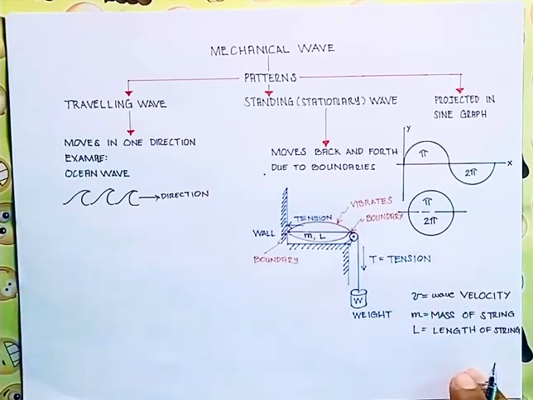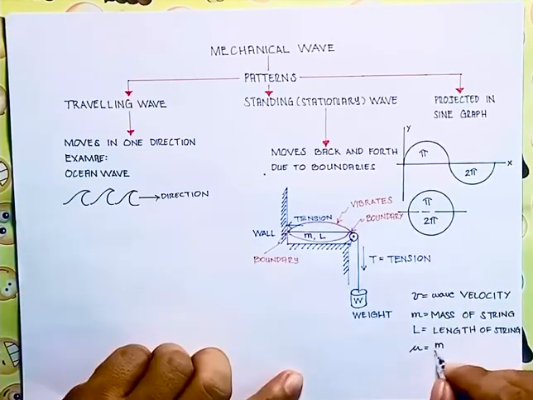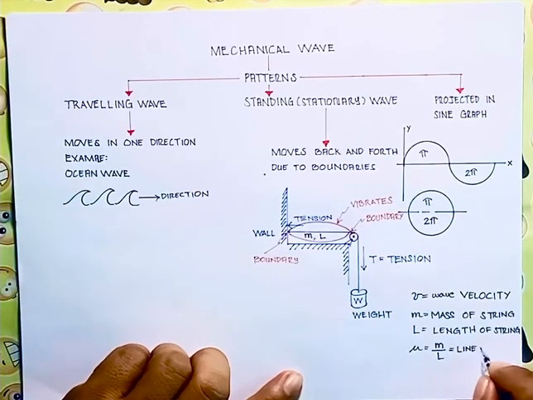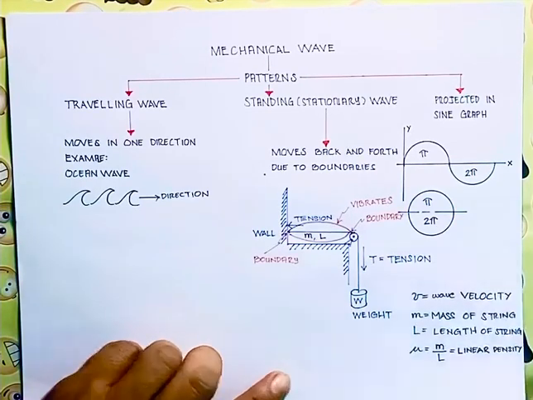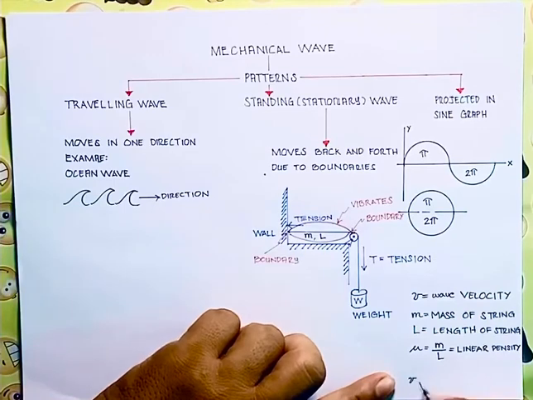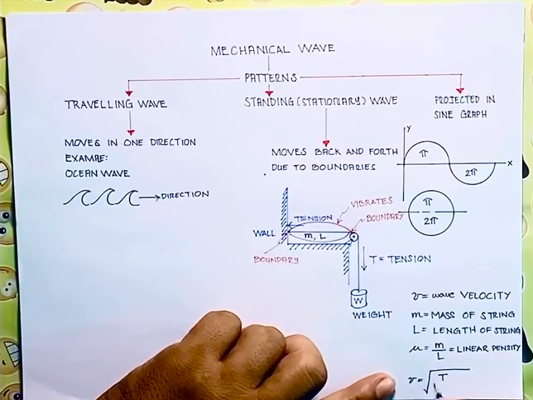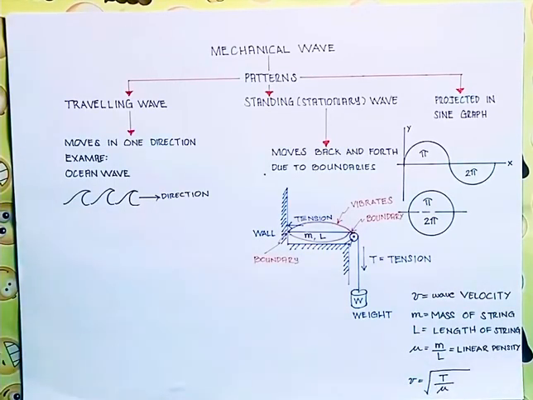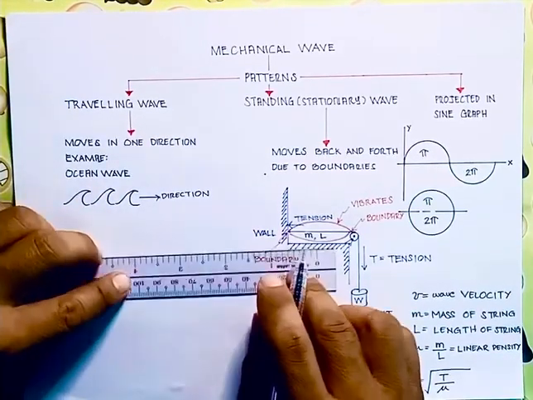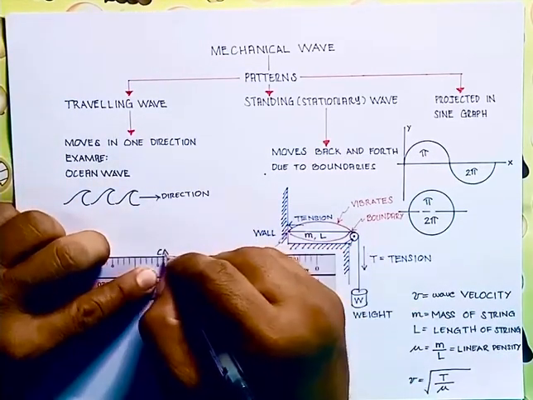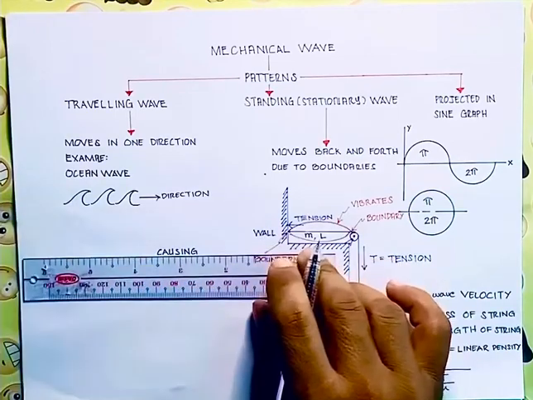We'll have to consider the value of mu, where mu is equal to the mass over the length, which we designate as the linear density. So velocity is calculated with the formula: the square root of the tension over mu.